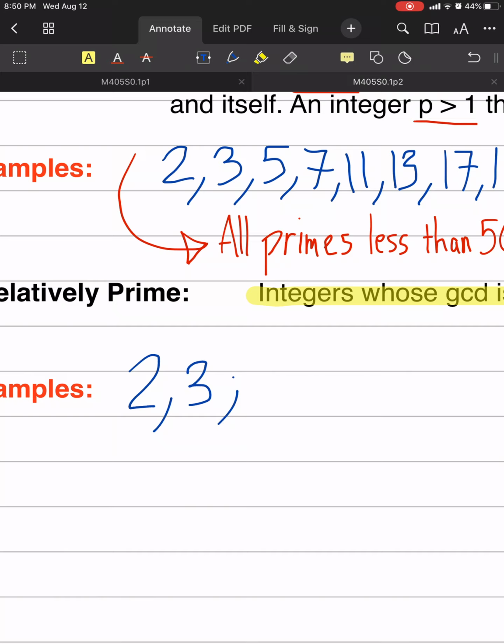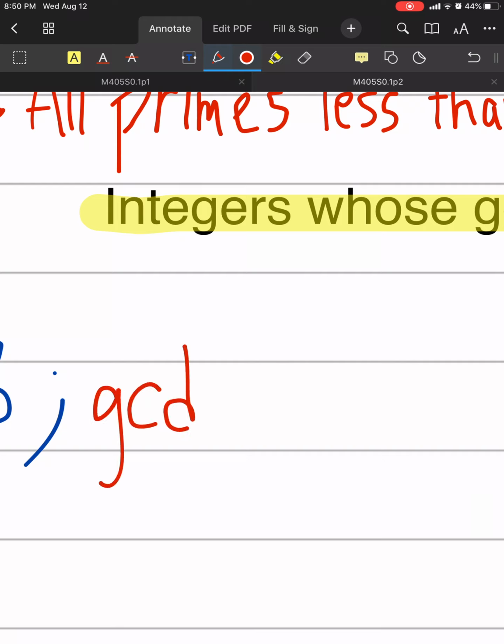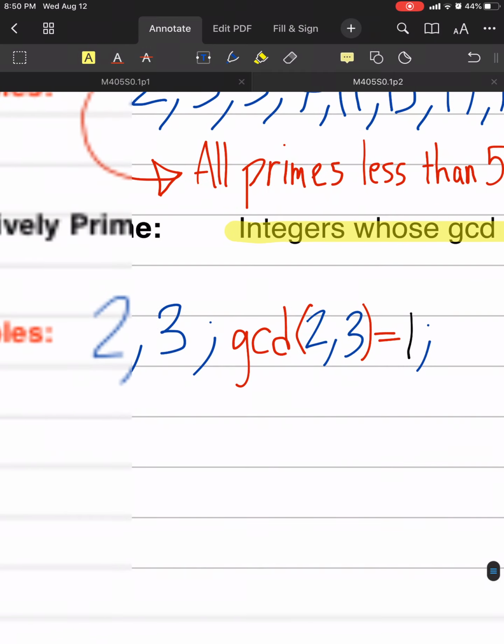In other words, the GCD of 2 and 3 equals 1. That's essentially what we mean by a pair of numbers being relatively prime.